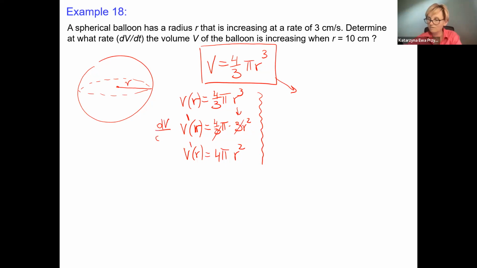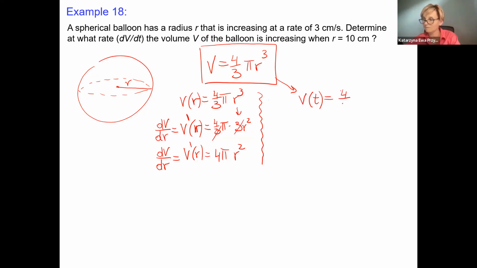But now we have to be a little bit careful. I can even say derivative of V with respect to r. Now we have the same formula. What can I do? Volume depends on time.